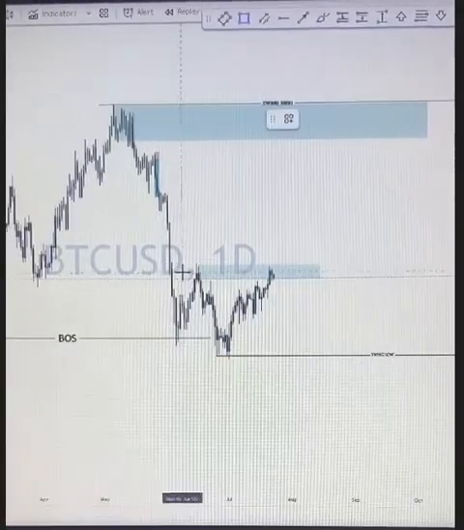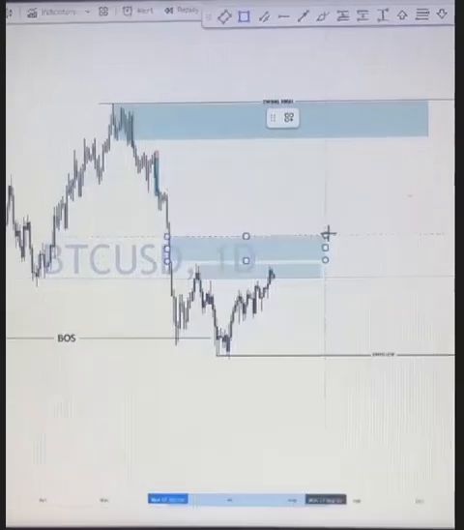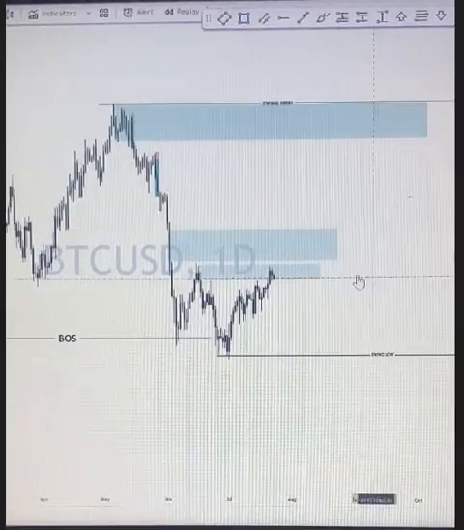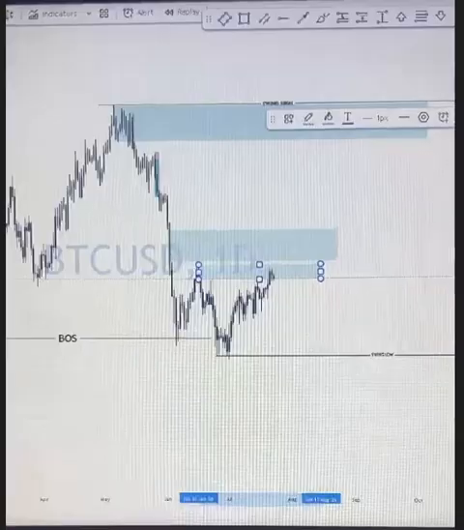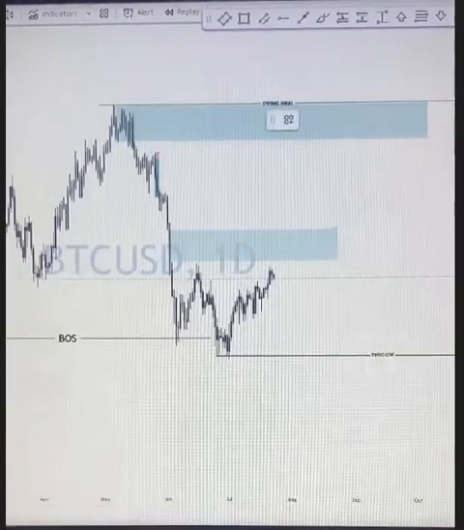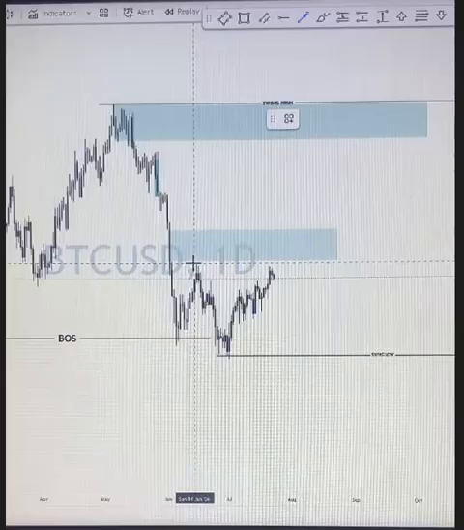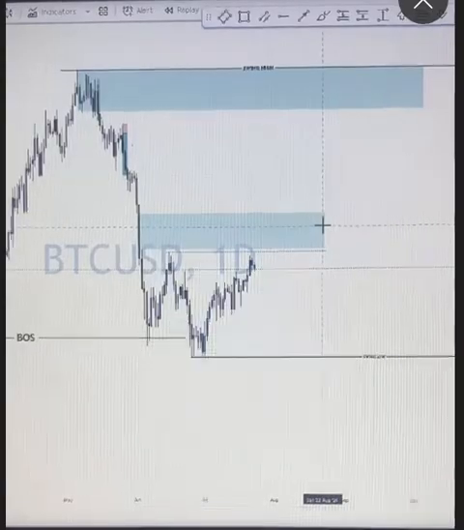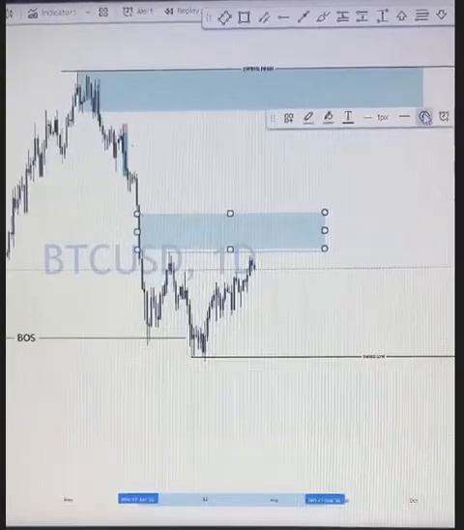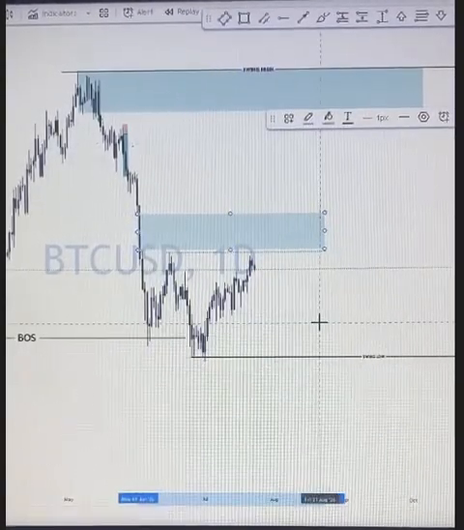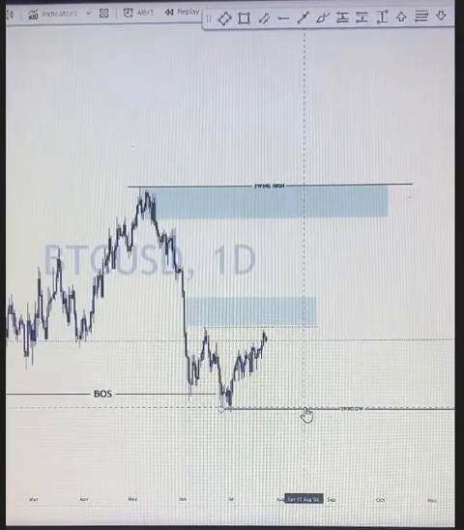Flip zone, thank you. Fair value gap, thank you. So this is the next key level we are watching out for. All right. We save this key level right here. Now, after this, what do we do next?